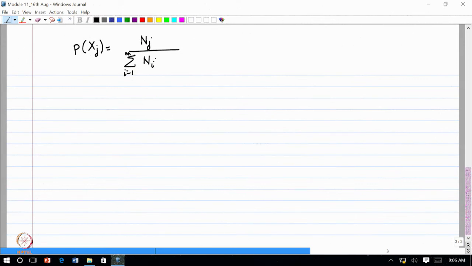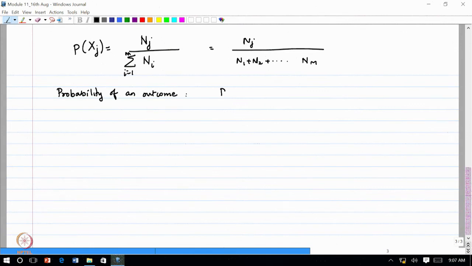I can write this in general. This is just n j divided by n 1 plus n 2 up to n m. So, now this is where we can naturally see the probability of an outcome. So, this p of x j is also referred to as the probability density at x j.